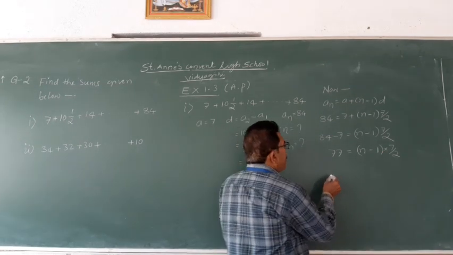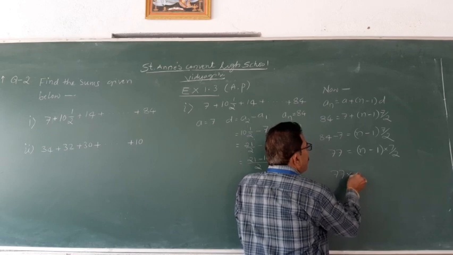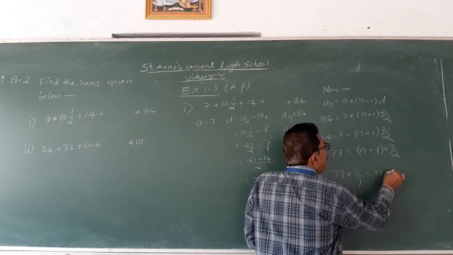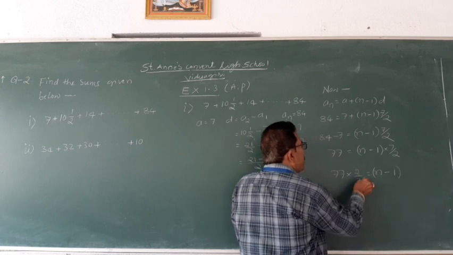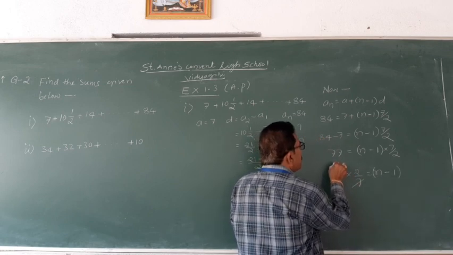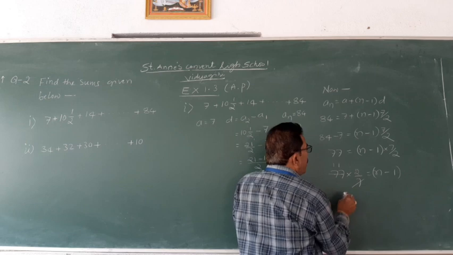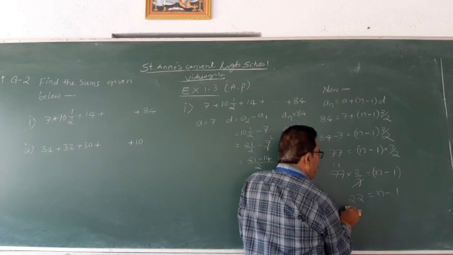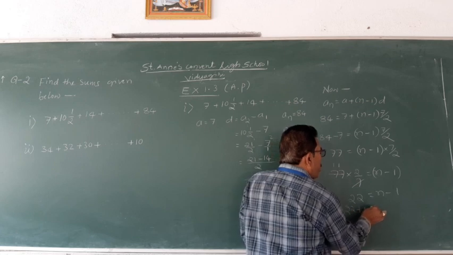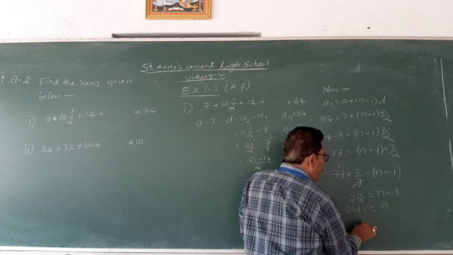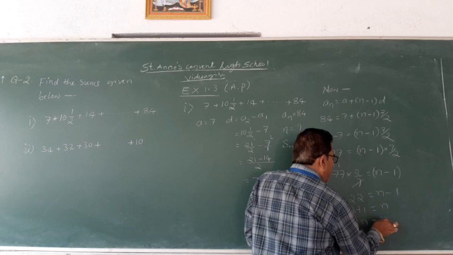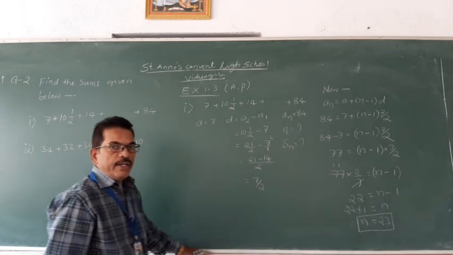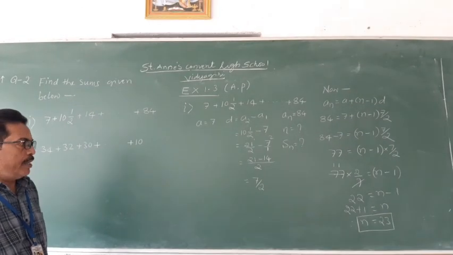If we transfer, 2 by 7 into 77 equals n minus 1. 7 ones are 7, 7 elevens are 77, so 11 twos are 22 equals n minus 1. 22 plus 1 equals n. Therefore n equals 23.